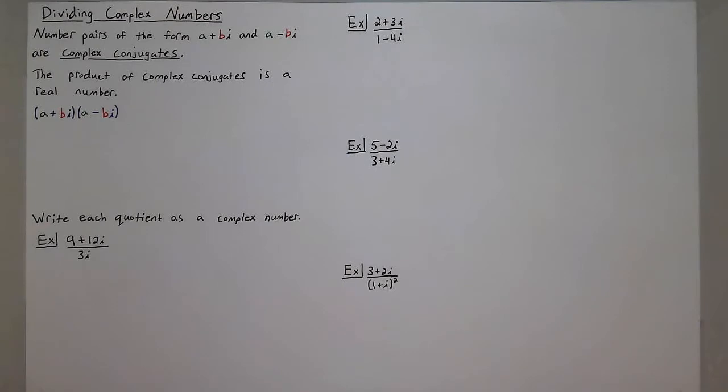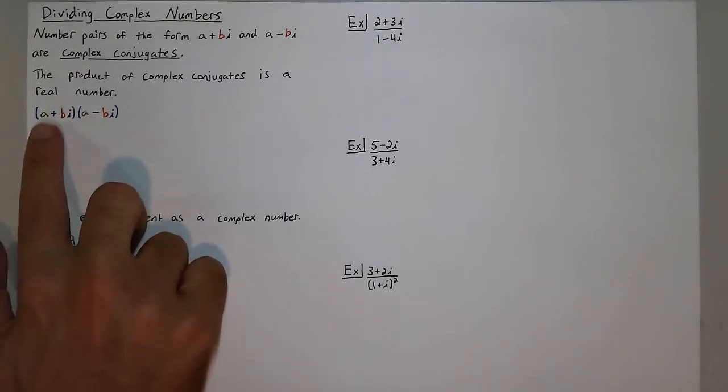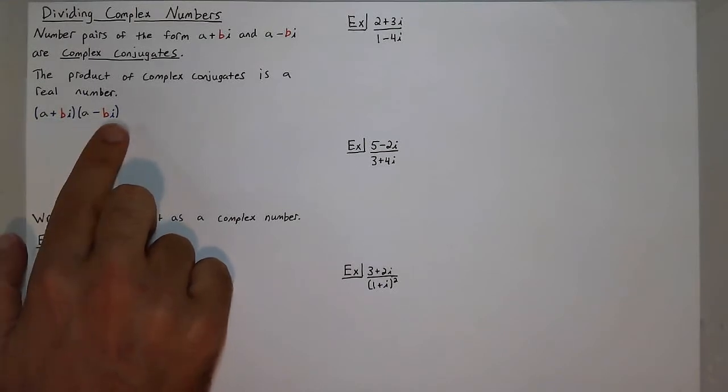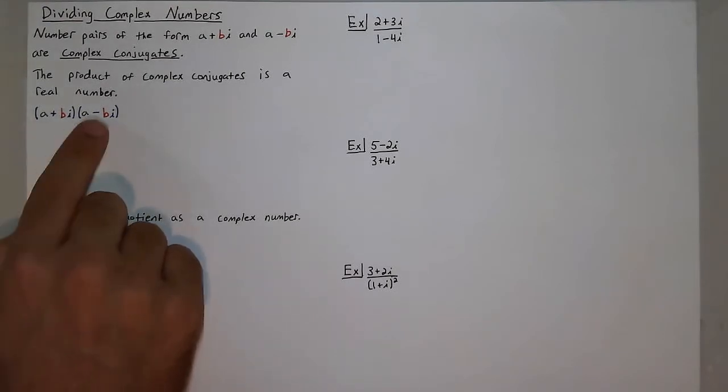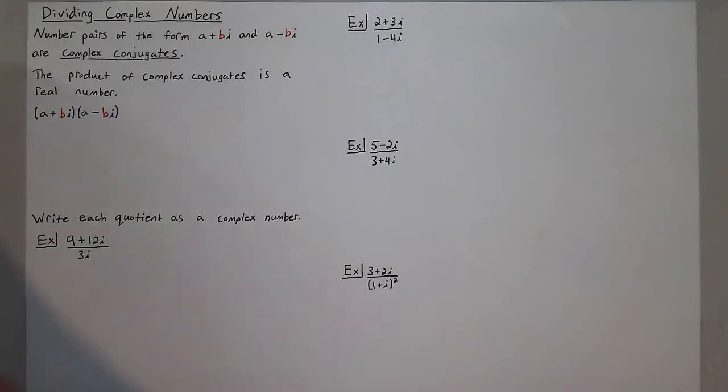Now, I want to talk about the product of complex conjugates. In the last lesson, we saw two conjugates multiplied together and it became a real number. So let's take very general complex conjugates and see what happens when we multiply them. Here, I'm going to distribute this into that parentheses.